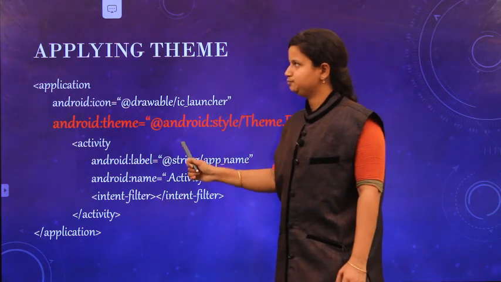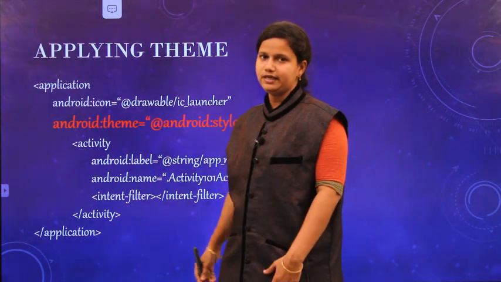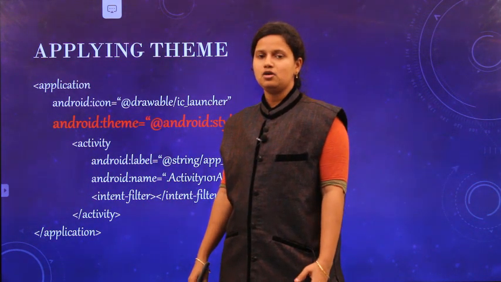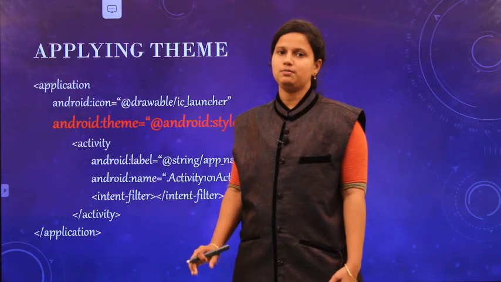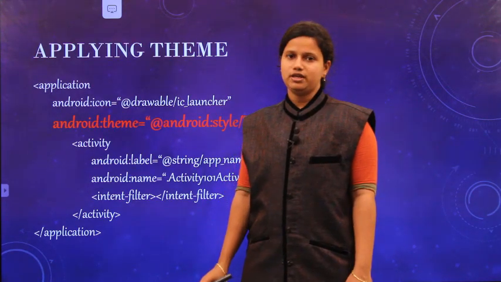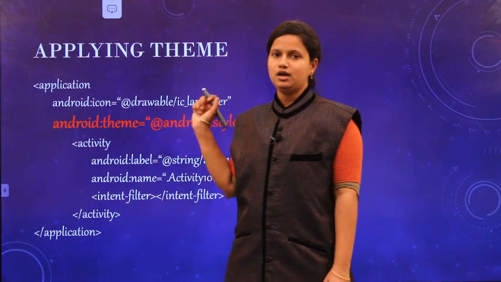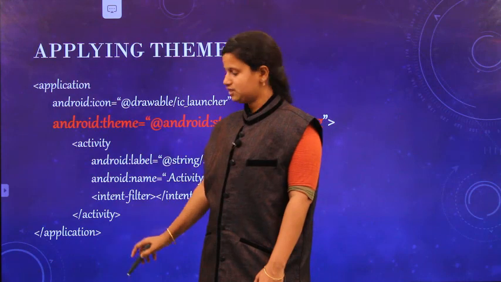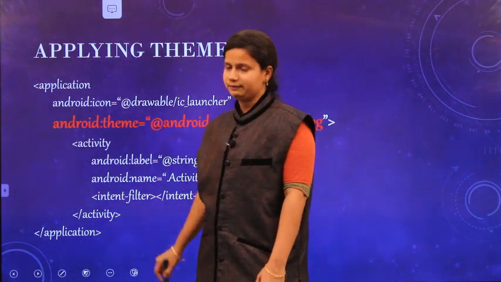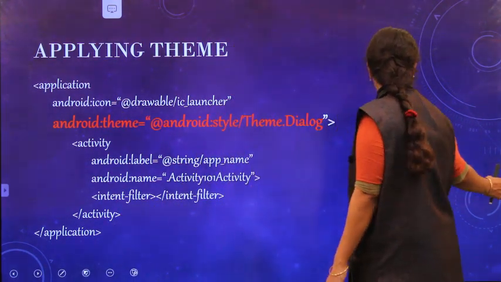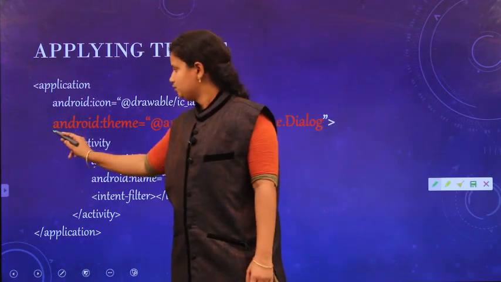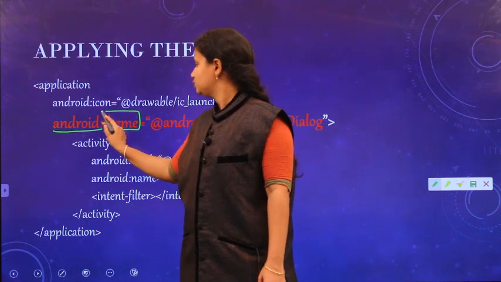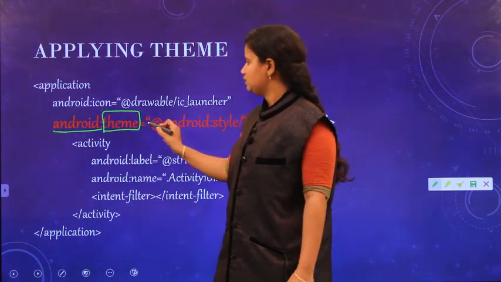So let us see again. Applying a theme means we apply a theme for your entire activities, or only for a particular point of a user interface. In this situation we use the applying a theme concept. Each and every property starts with android as the keyword, and I want to apply a theme, so the theme property goes here.